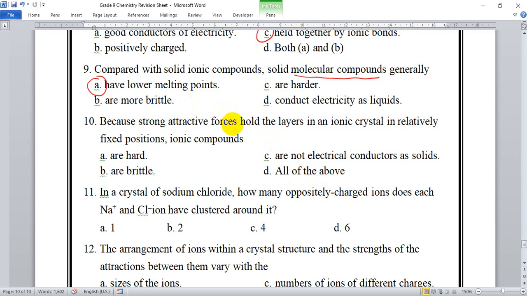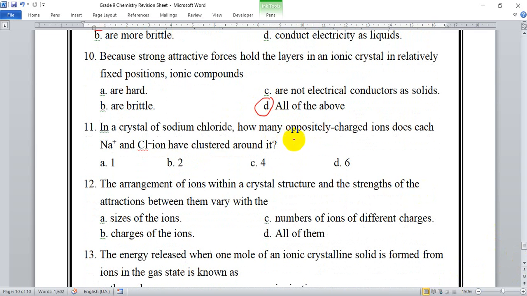Strong attractive forces hold the layers in an ionic crystal in a relatively fixed position. Ionic compounds are hard, yes. Brittle, yes. Not electrical conductors as solids, yes. So, all of the above.